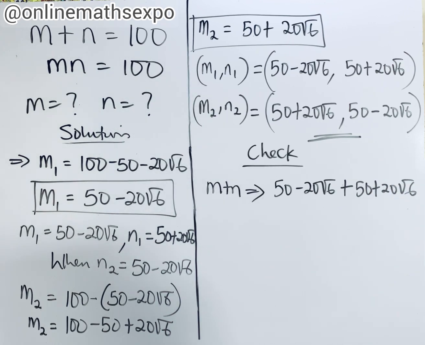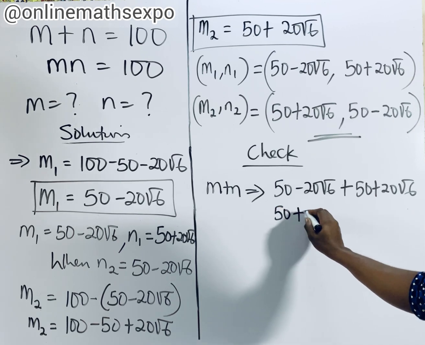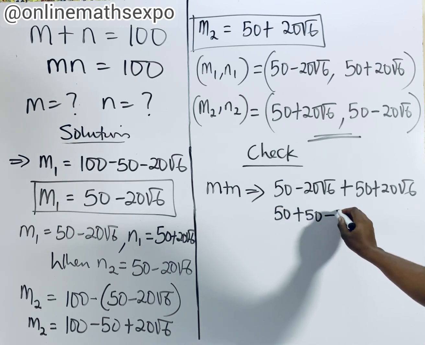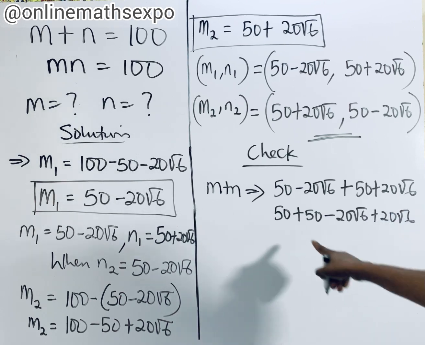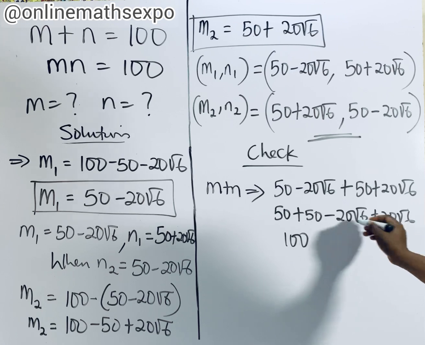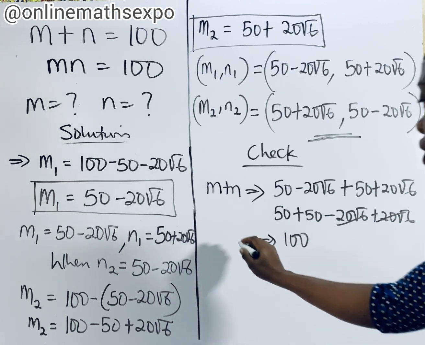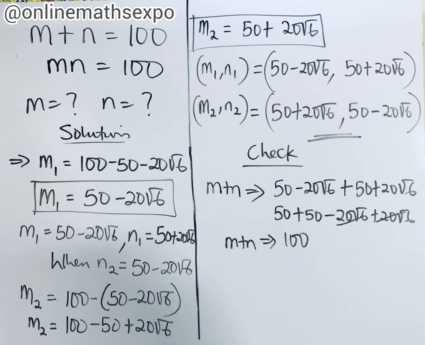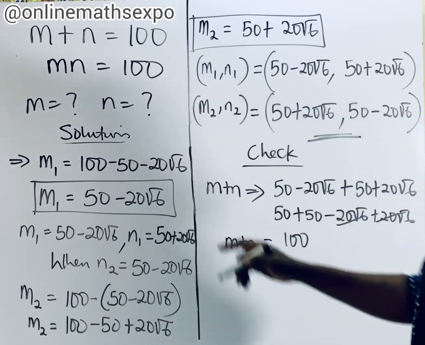So let's add like terms. We're going to have 50 plus 50 minus 20 root 6 plus 20 root 6. So this will give us 100. If you add this, you see they will cancel each other, so we're left with 100. So you see that m plus n gave us 100, which is what we have at the right side.